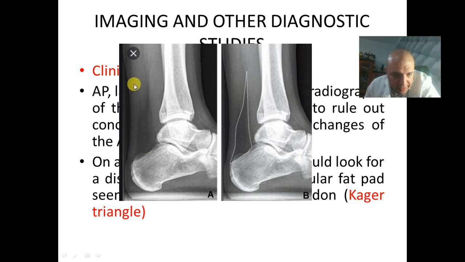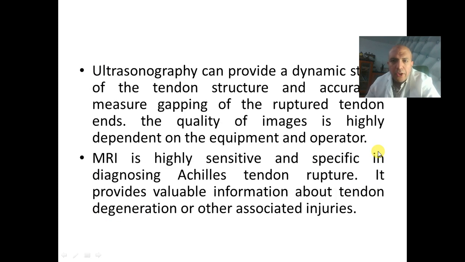This is the density of the Achilles tendon, and this triangle is formed by the base of the calcaneus, the confluence of the Achilles tendon, and the back of the talus and tibia. If the Achilles tendon is cut or discontinued here, this triangle will be disrupted.